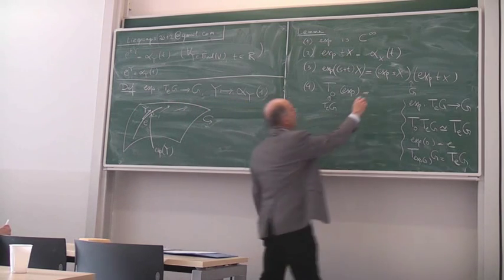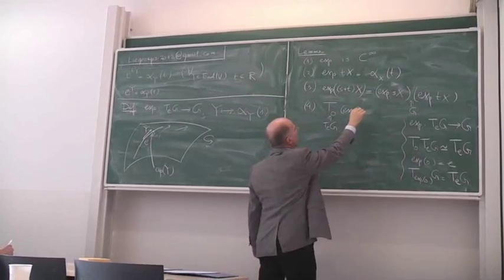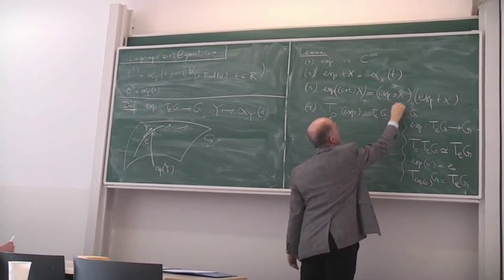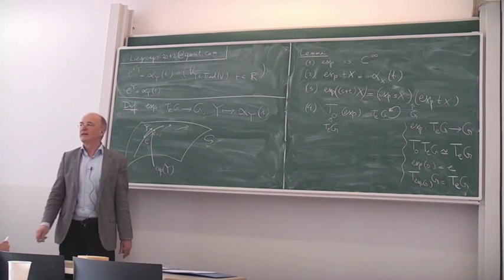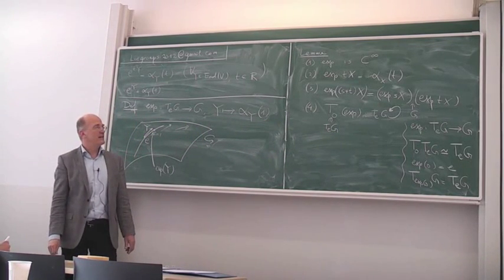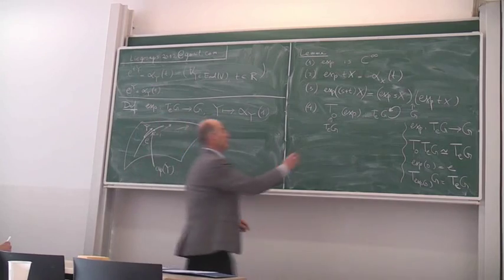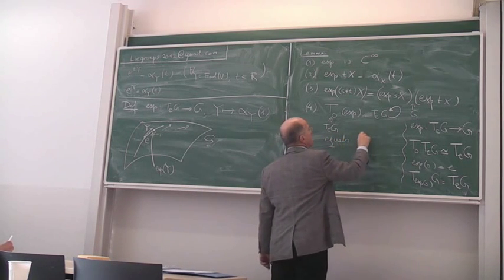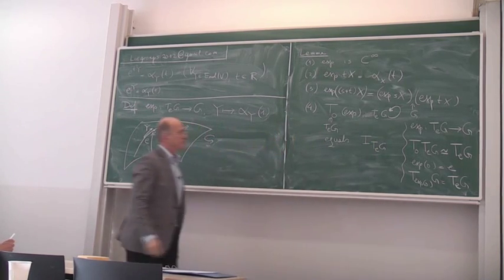So this map is a map from the tangent space to itself, or rather it has a canonical interpretation as a map from the tangent space at the identity element to itself, and then the statement is that this is the identity map, equals the identity map of that tangent space.